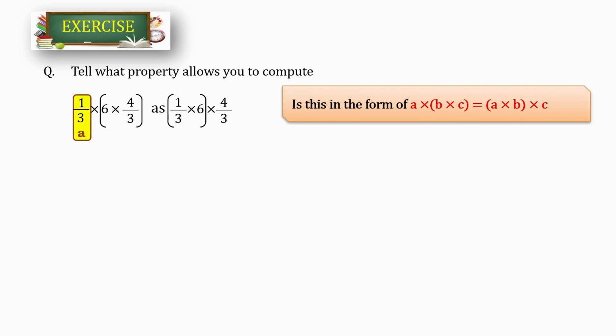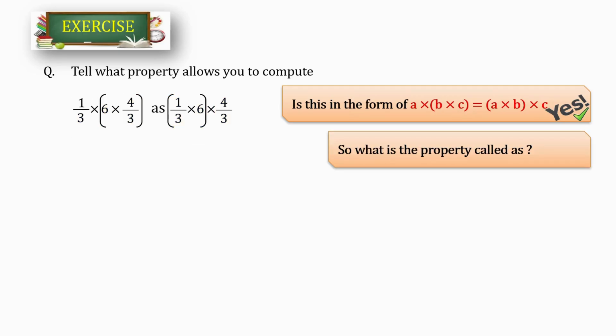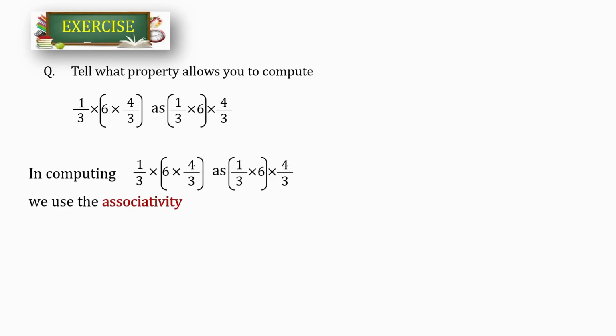Now we need to check first whether it is in the form of a into (b into c) is equal to (a into b) into c. So yes, this is in this form. So what is this property called? Associative property.